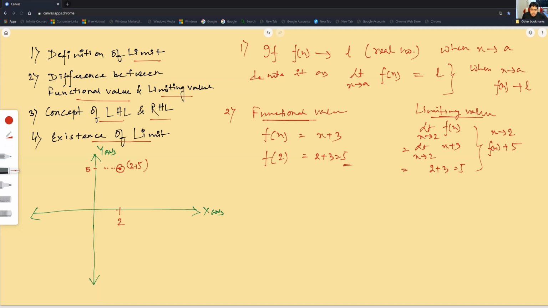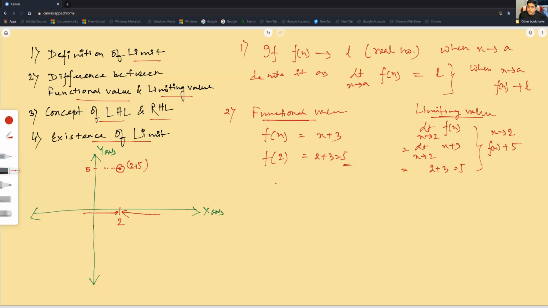So if I say x equals 2, then that approach can be possible in 2 ways. That is, from the left side towards that point 2, and from the right side towards that point 2, right? That is the approaching, the tends to value. Tends towards that point, better to say.